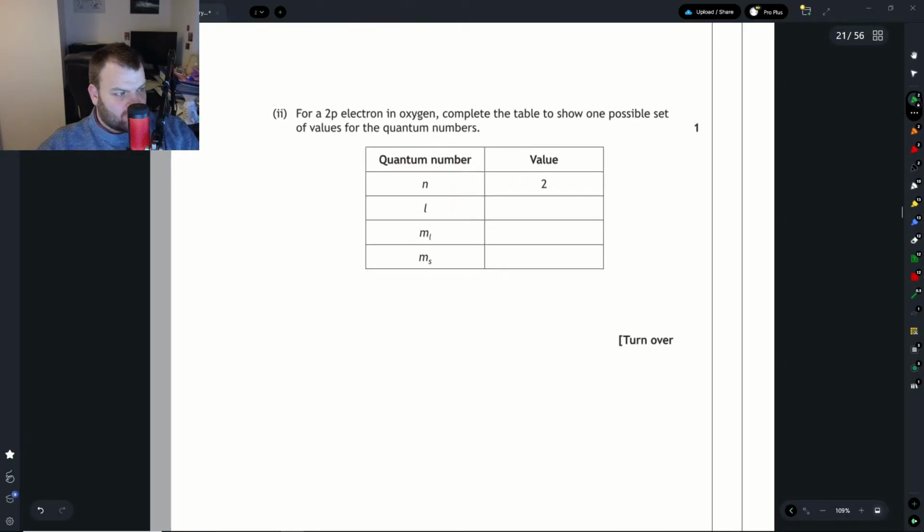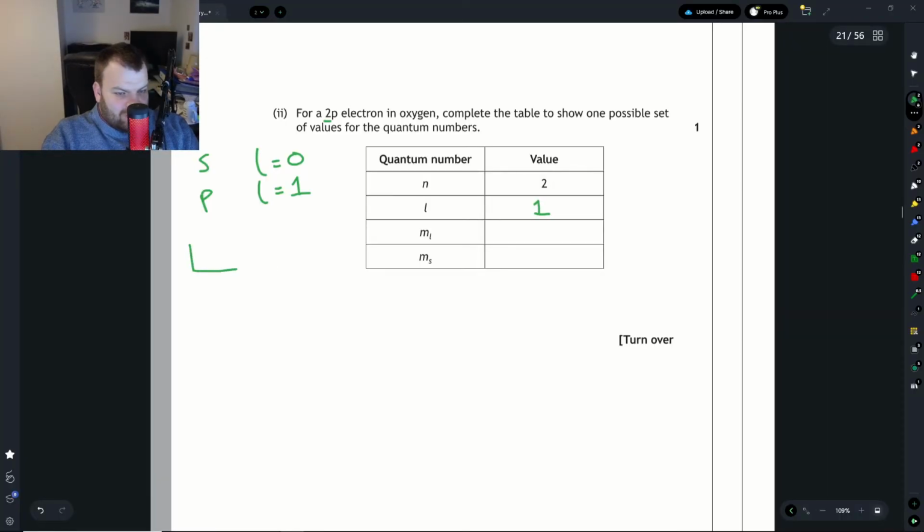those ones would work. Here we're asked about a 2p electron in oxygen, so the principal quantum number has to be 2 because it's in the second shell. If it was an s orbital, then our L would equal 0. If it is a p, then our L will equal 1, which is what we've got now.